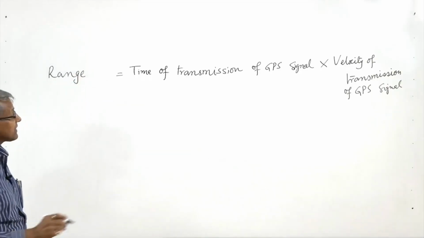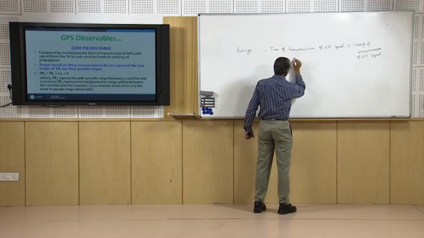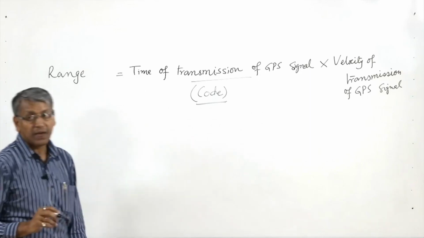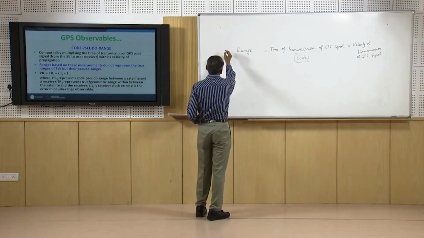Now when the time of transmission of the GPS signal is measured from the code part of the GPS signal, then it is the code range.